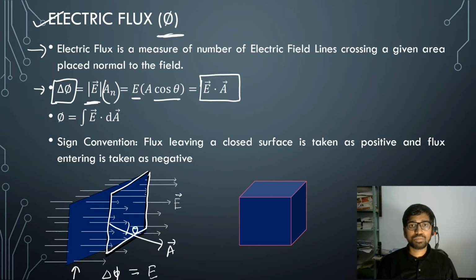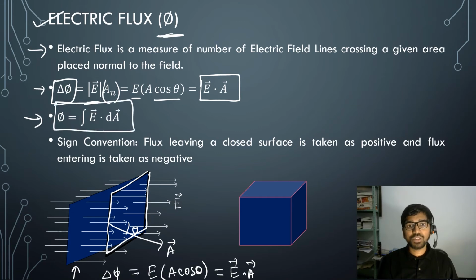Therefore, the component will have its value A cos theta. Therefore, electric flux will come out to be E dot A. Fine. And if you have a varying electric field, then you will calculate electric flux by this formula, that is, electric flux is the integration of E vector dot dA vector.